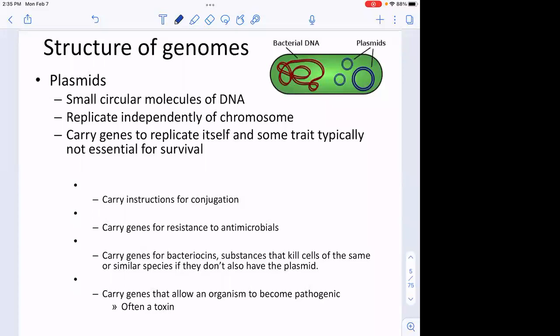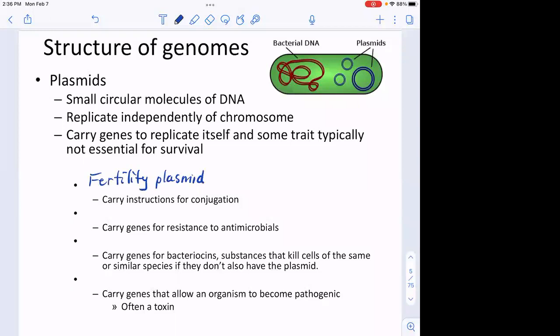So we have different kinds of plasmids that a bacteria can have. A fertility plasmid, for example. We talked about pili, a conjugation pilus. We'll talk more about what conjugation is next week at some point.